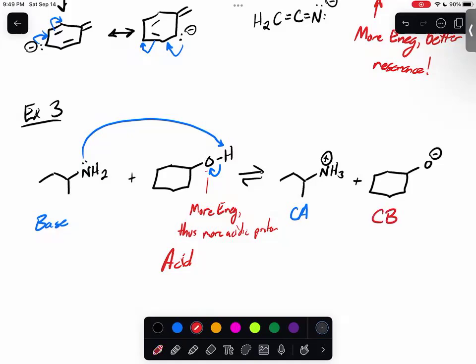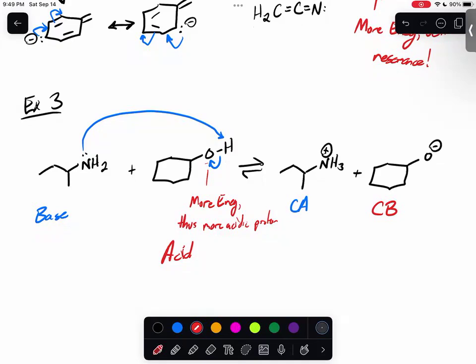And looking at these, it's kind of tough to tell the stability between the two, right? Because our base and conjugate base, one of them has a negative charge, the other one is neutral. So it's very practical to say that, all right, equilibrium should lie in this direction, right?